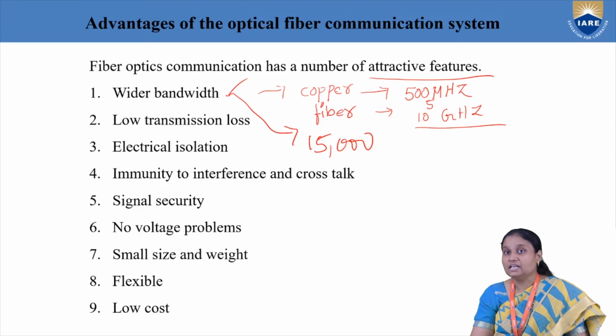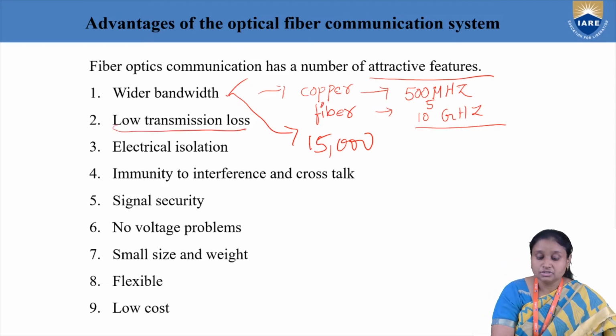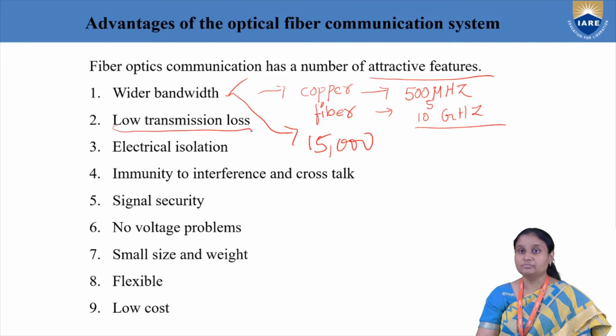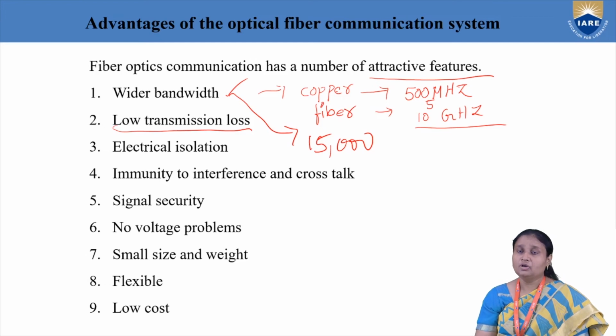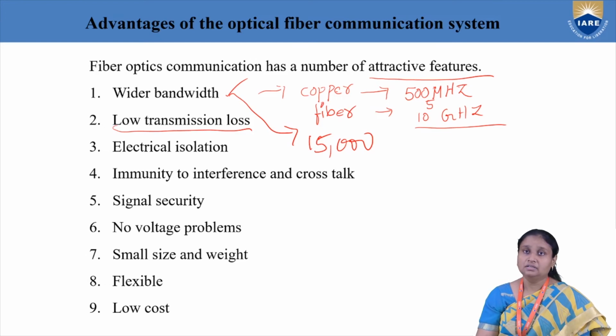Now coming to the second feature, loss during transmission in optical fiber is low. And why is it low? We have seen that it is because of total internal reflection, and then we launch the light at an angle less than the maximum angle of incidence, which is nothing but our acceptance angle. And then we made one acceptance cone so that we launch light only within the acceptance cone.